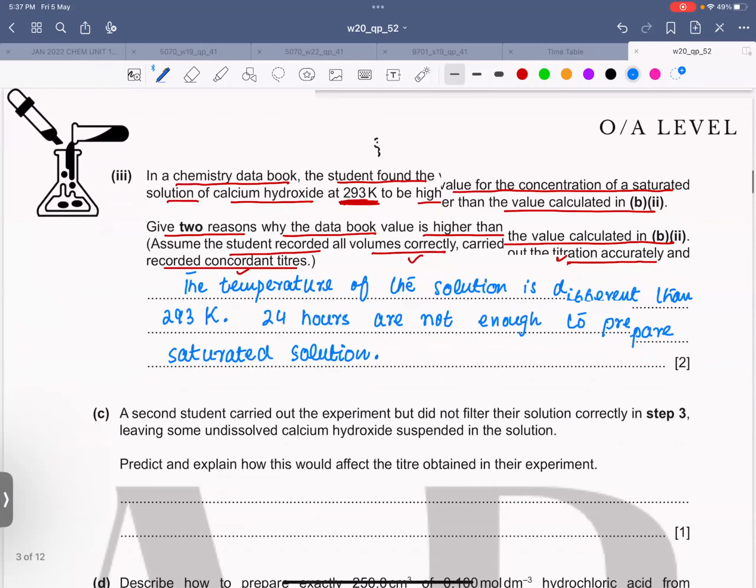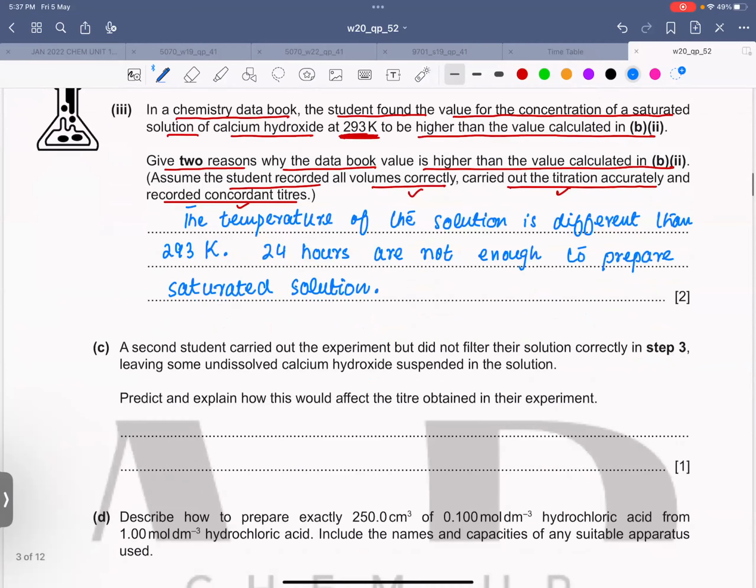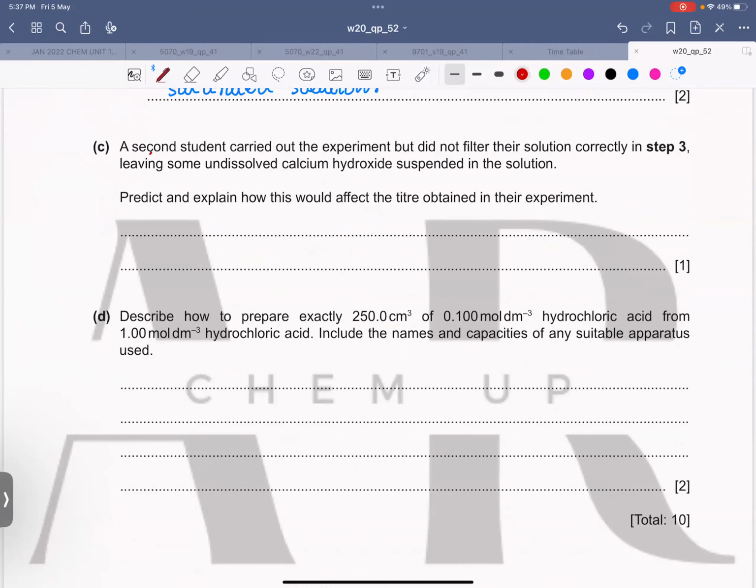Okay. Now, part C. A second student carried out the experiment but did not filter their solution correctly in step 3, leaving some undissolved calcium hydroxide suspended in the solution. Predict and explain how this would affect the titer obtained in the experiment. Yes. Can anyone comment on this?